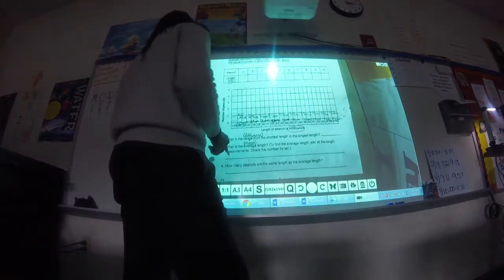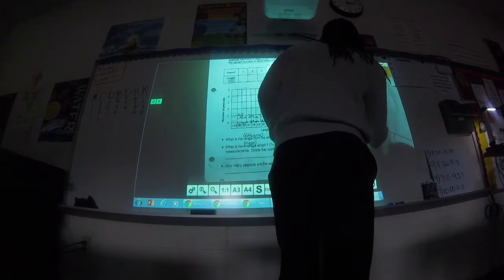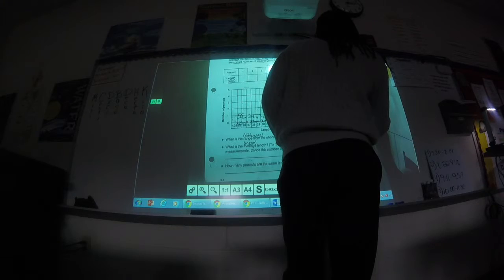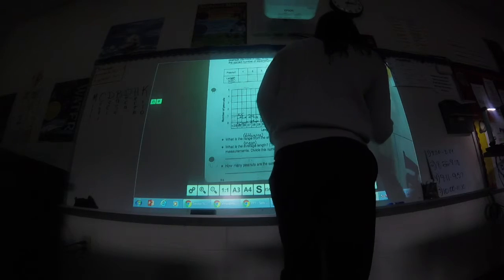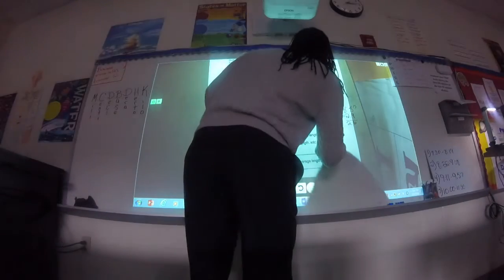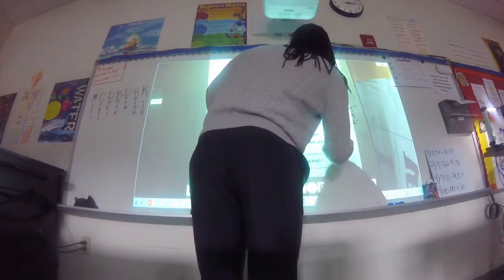What is our smallest? 2.9. All right, go ahead and do your math. All right, we got 2.6. So we'll write 2.6, what? Centimeters. And that's 26 millimeters.